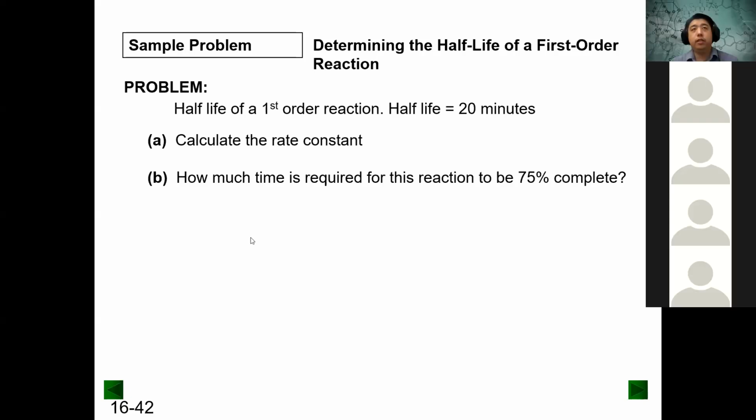Okay, so let's go ahead and get started. What did you get as your rate constant? I see two different answers. One of you might have changed it into seconds, I'm assuming.